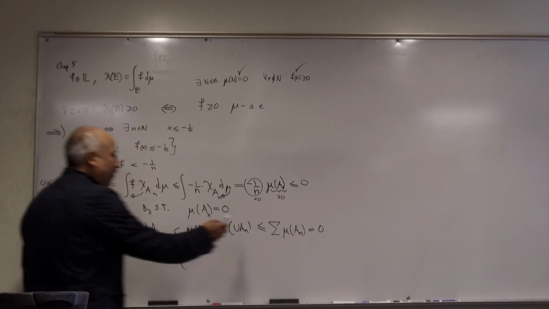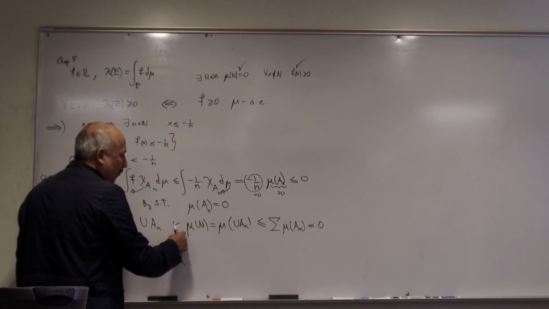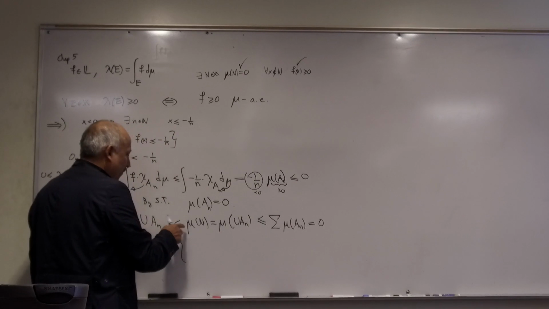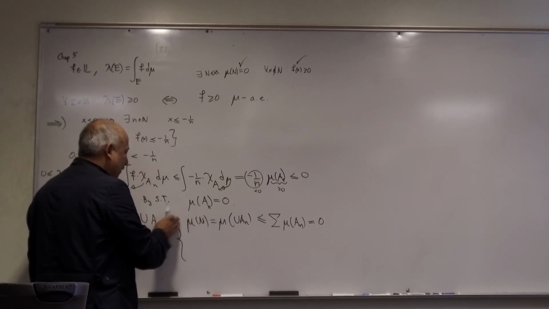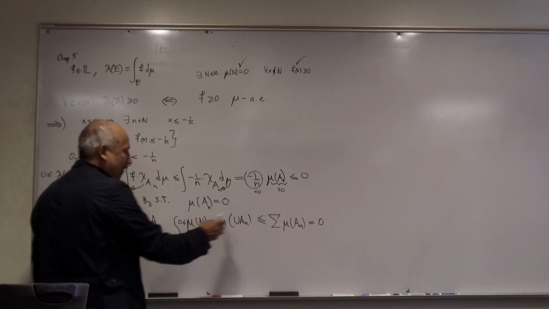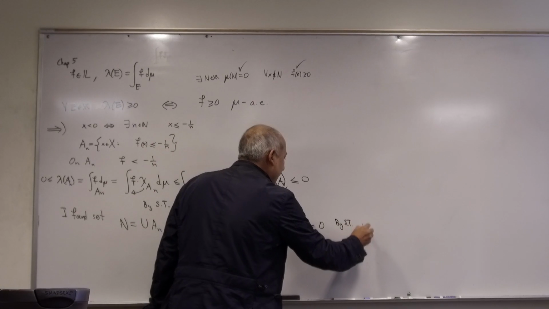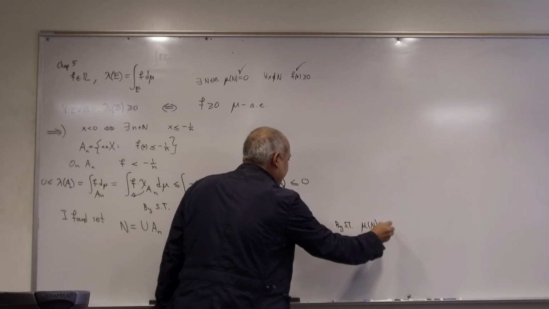So it doesn't matter. So this is 0, that forces N to be 0. You see what I mean, guys? Therefore, the measure of N is greater than or equal to 0. By the squeeze theorem again, the measure of N is 0.